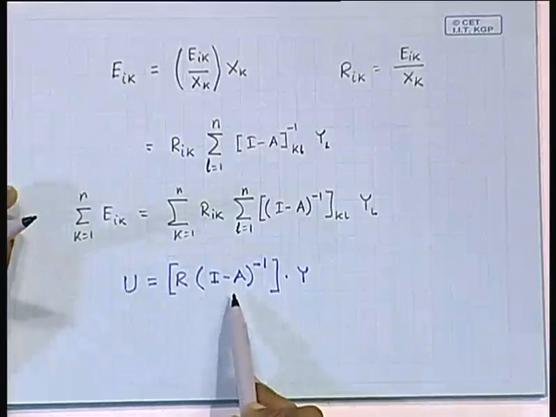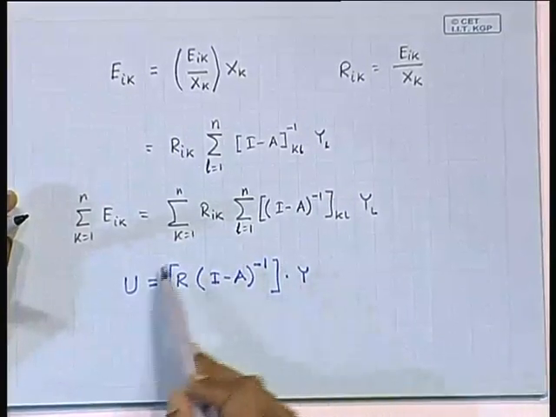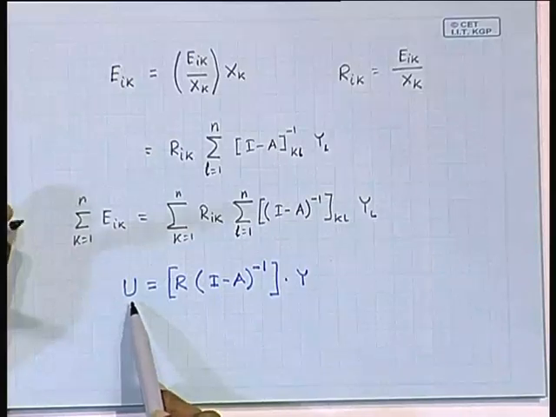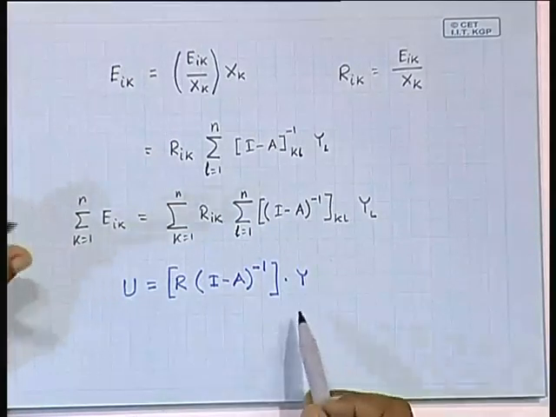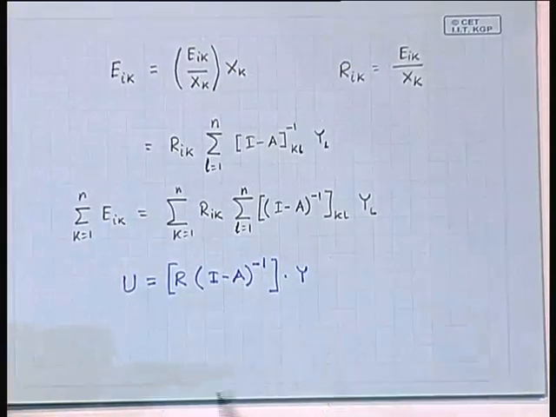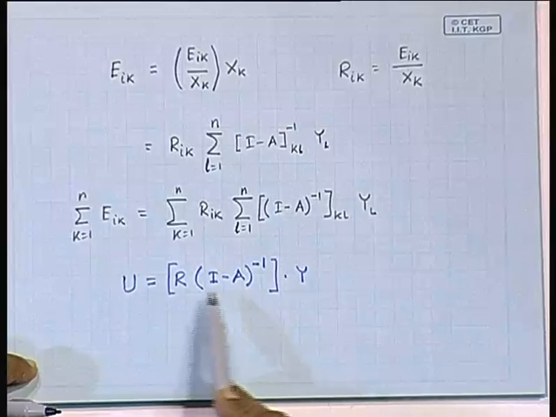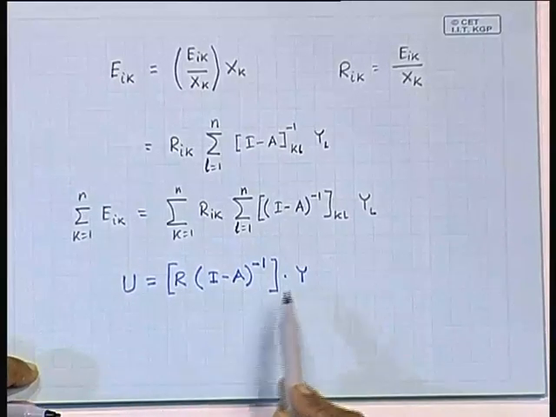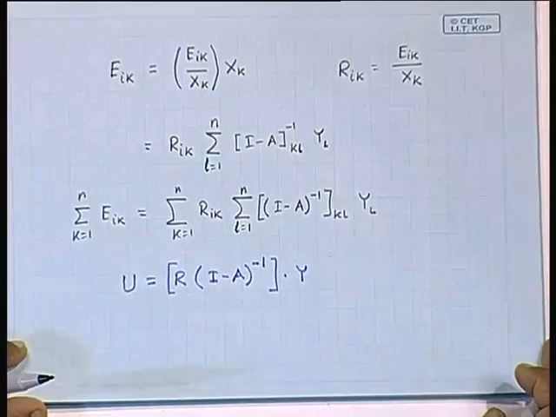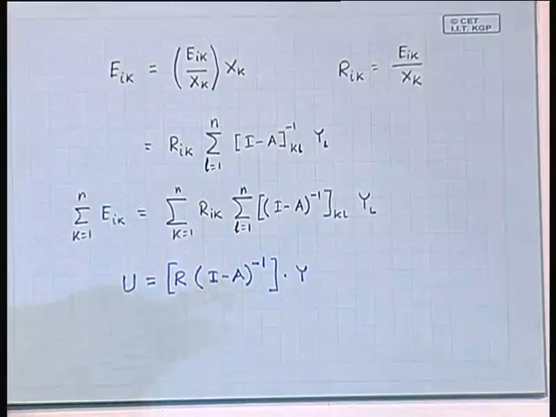If you have these matrices, then you can manipulate this way to obtain the indirect use of energy vector. This matrix is known, this matrix is known, this matrix is known, and therefore, this can be determined.